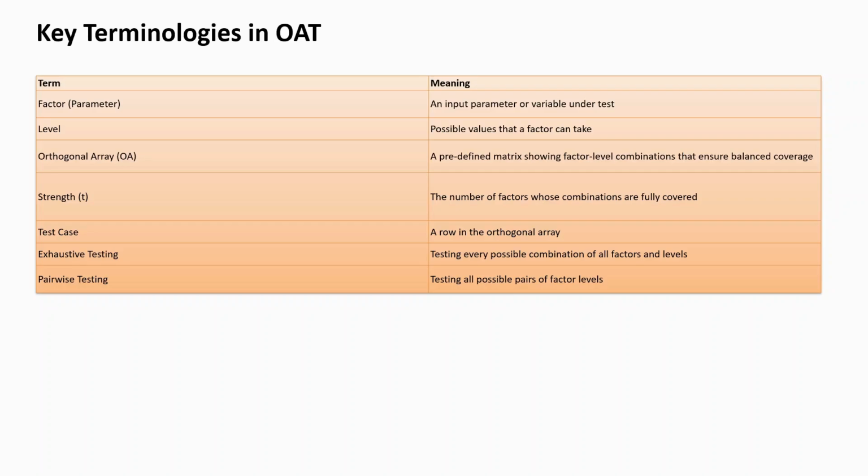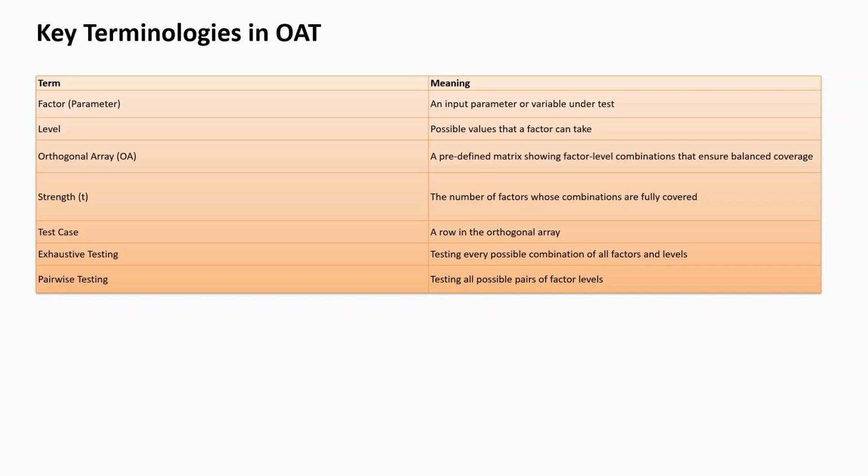Whenever someone says orthogonal array, it is a matrix that is already designed and already available, which basically depends on the factors and the levels.